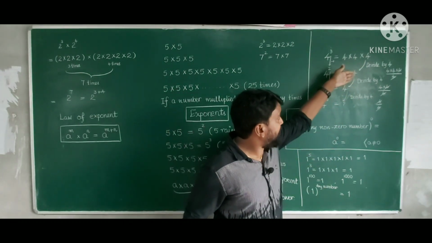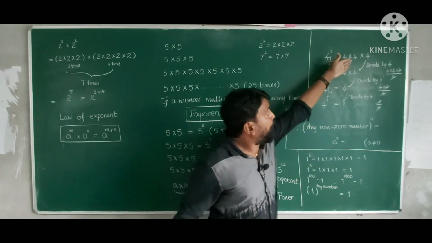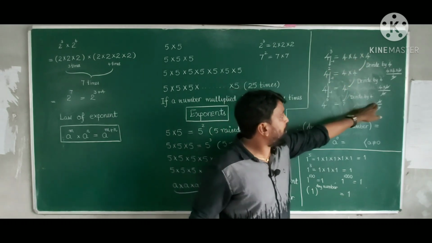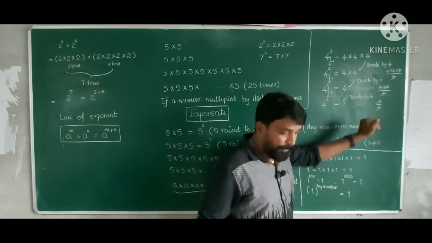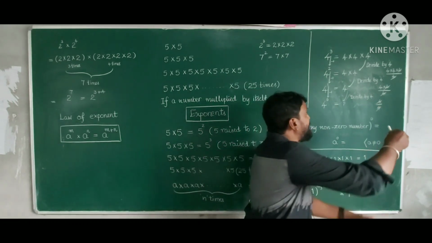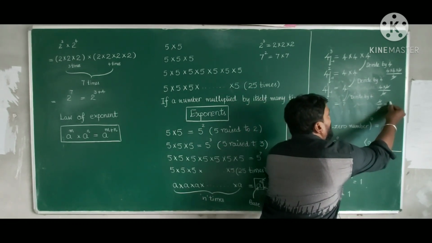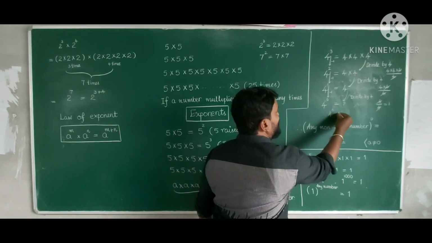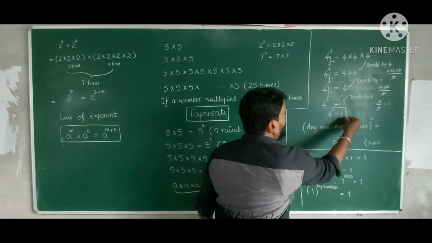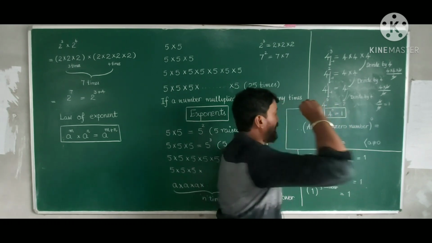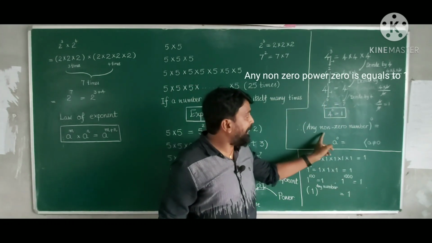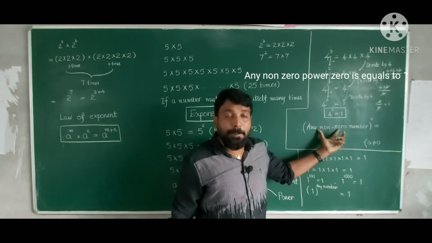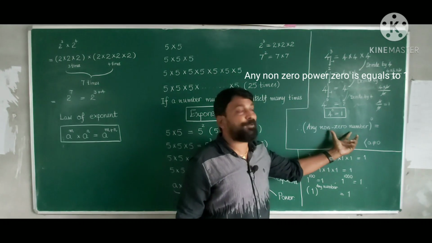Doing the same successively, here 4 by 4. 4 by 4 is equal to how much here? 4 by 4 is equal to 1, right. So 4 power 0 is equal to 1. That is why any non-zero number raised to the power 0 is 1, because the base should not be equal to 0.